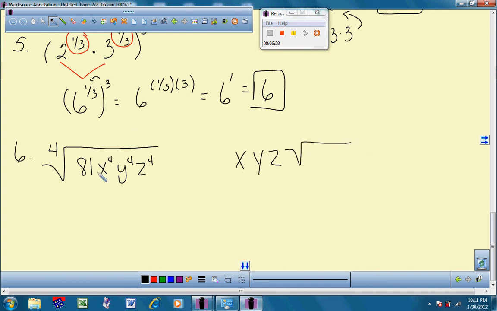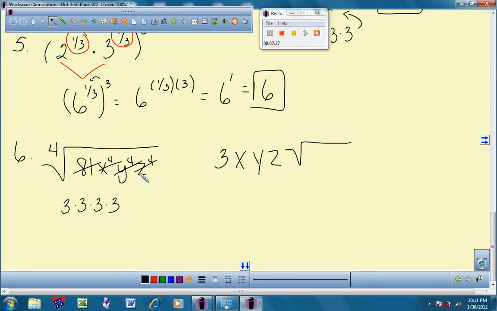What I have left is the 4th root of 81, so we need to figure out if there is a perfect 4th power. Well, we know that 3 times itself 4 times will yield us 81. So the 4th root of 81 would be equal to 3.